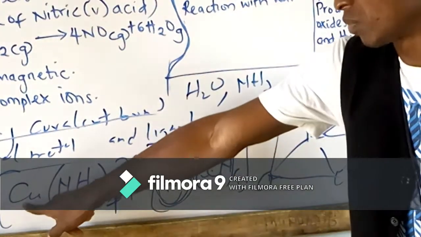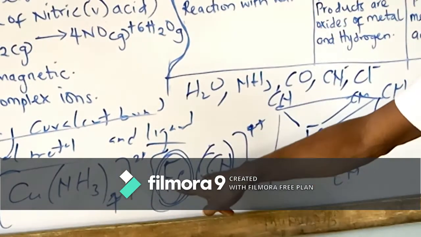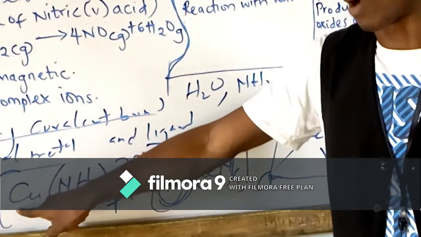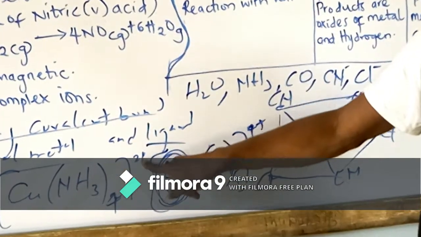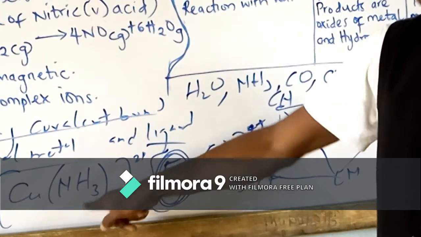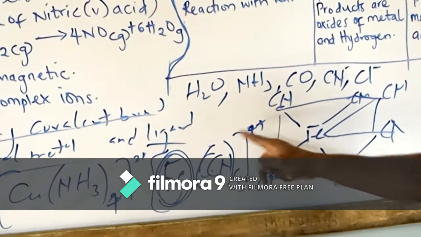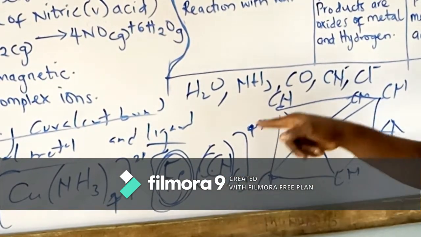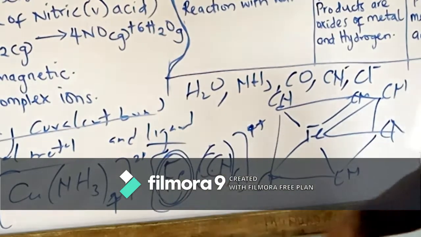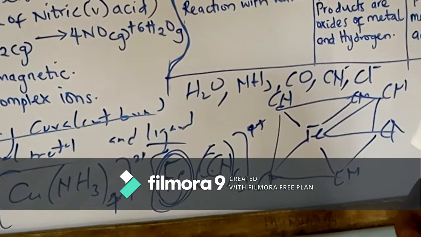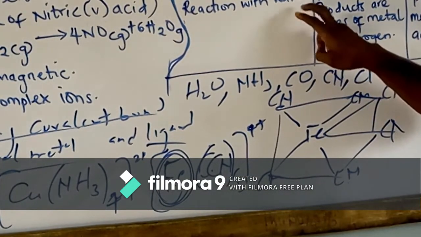This is the central metal ion, copper. So this is showing us the number of copper existing here. This is showing us the number of iron existing here. So this number here is called the coordination number.